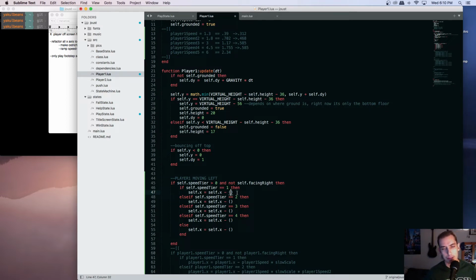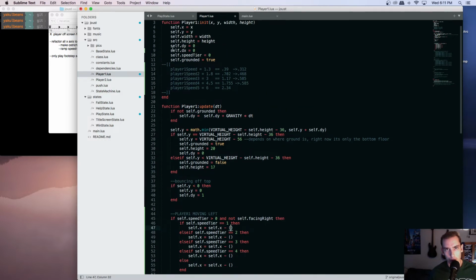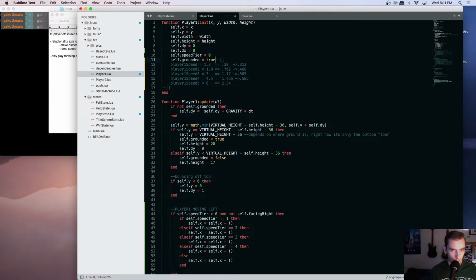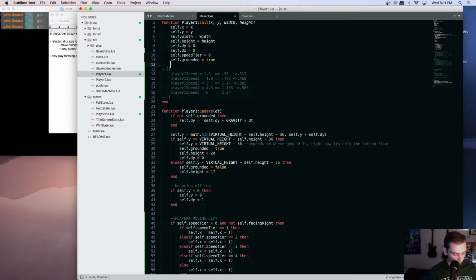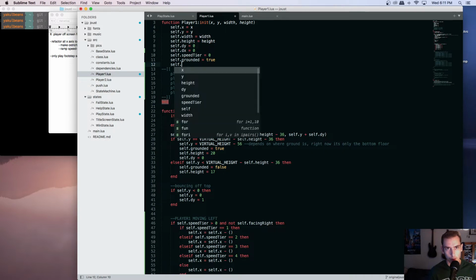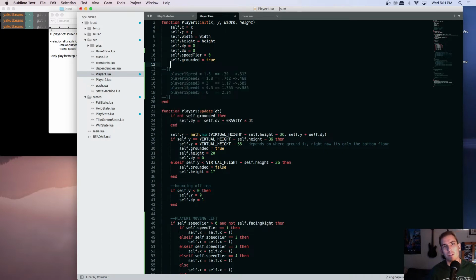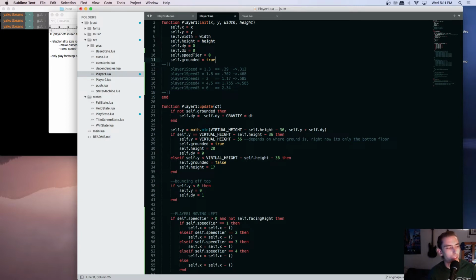But since I could just plug those numbers in, or I can just give myself variables that are these numbers. So what I'm going to do is, actually, I do think I should do like... I don't think that should be a self-speed sort of thing.